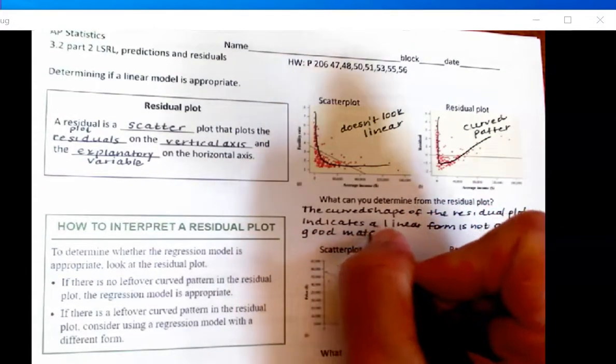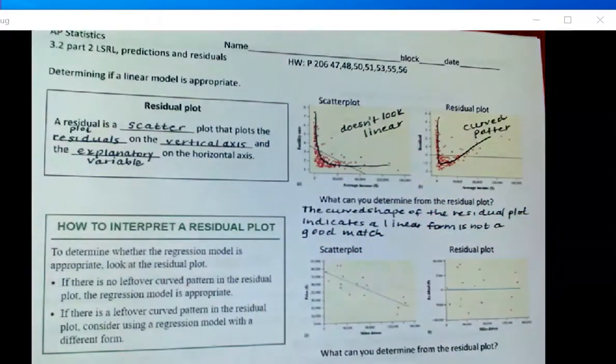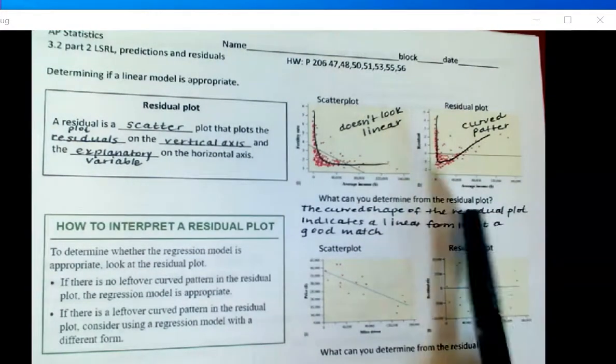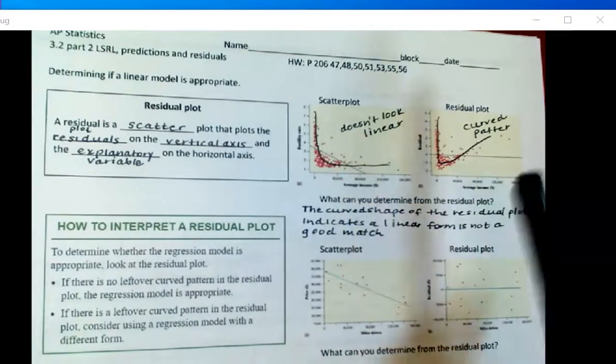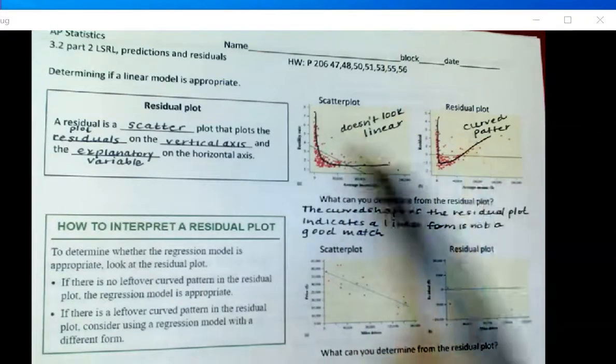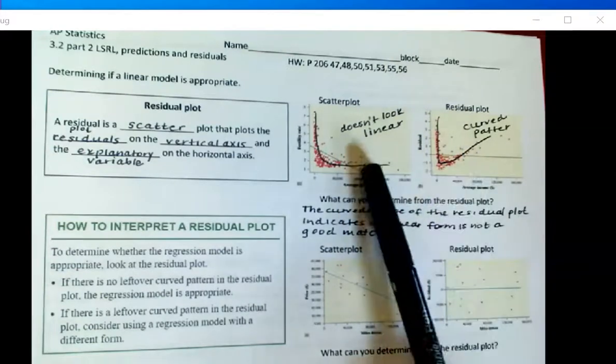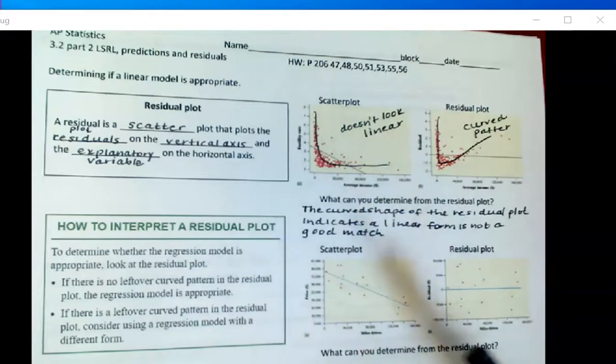That is what the residual plot helps us determine. That was the first example. This was the scatter plot, and this is the residual plot that went with it, and it corroborates what we originally thought: that doesn't look very linear from the beginning. So let's take a look at the second one.